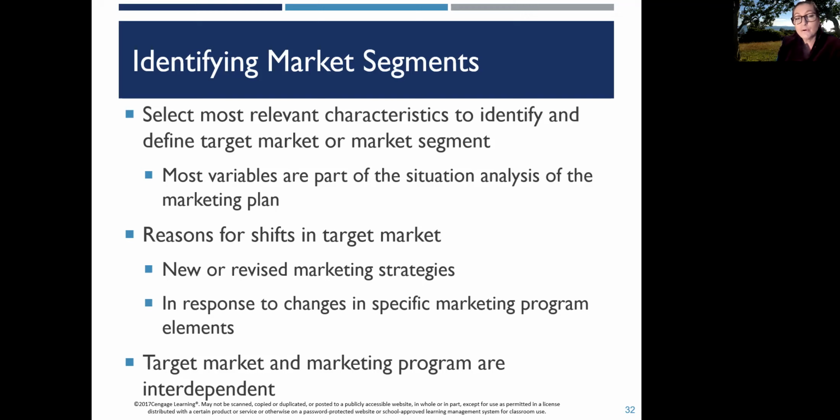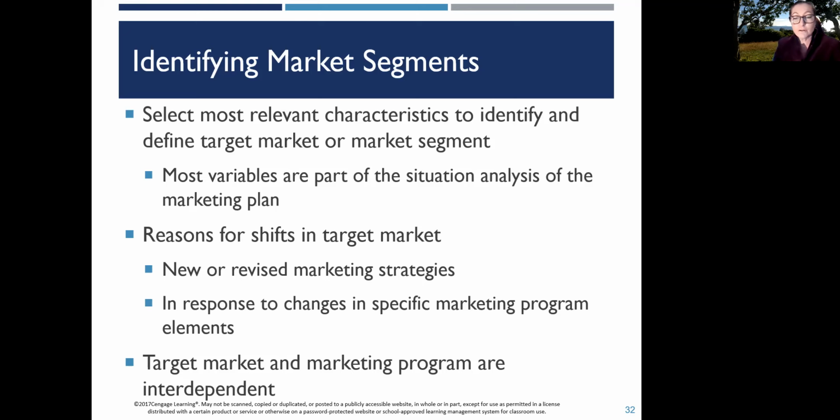So it's really important to understand that when you segment that total market, you're going to look at these segments and you're going to identify which segments you are going to target, right?